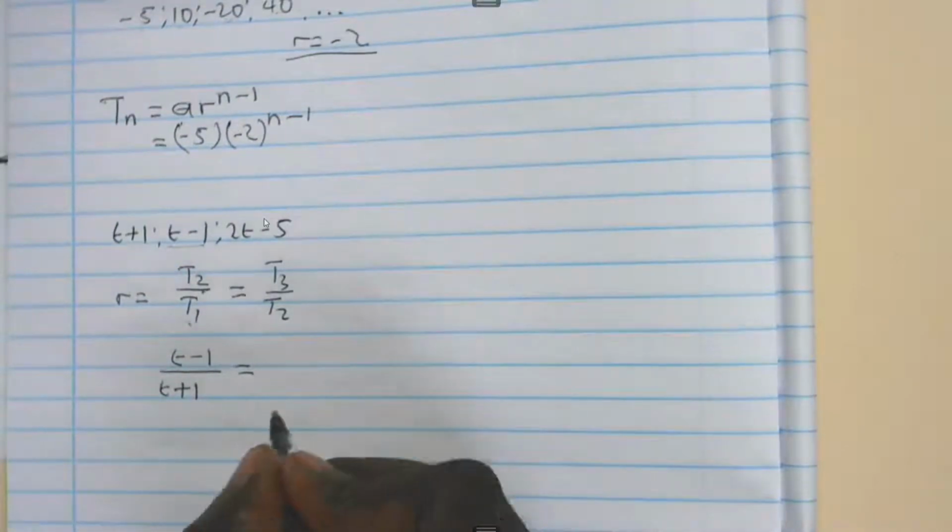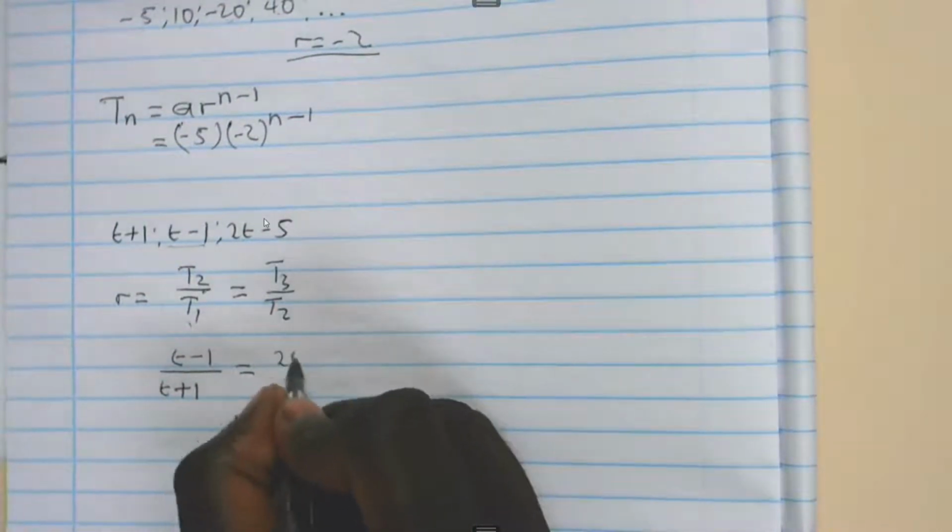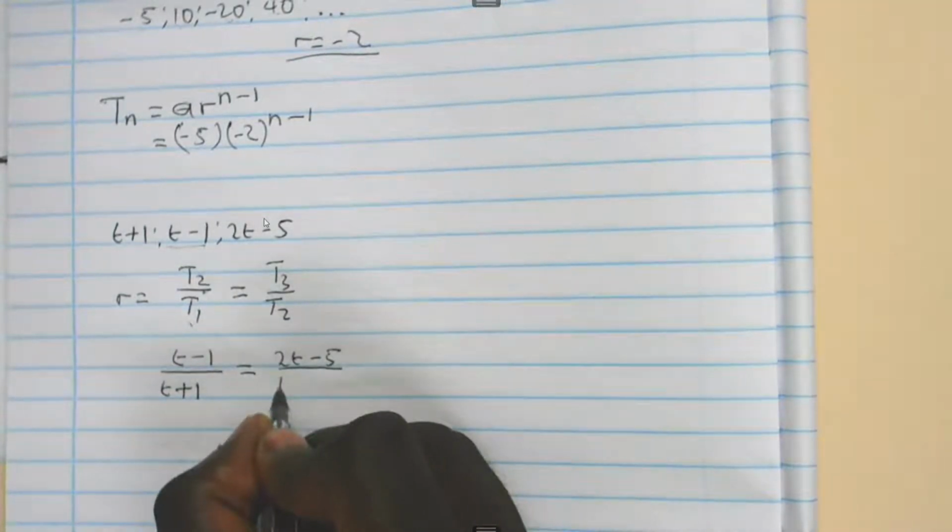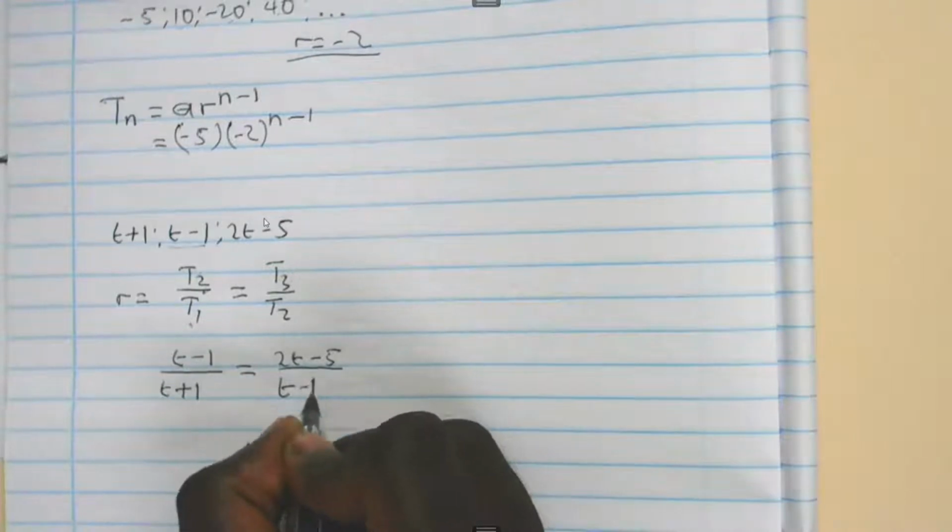Term number 2 is t minus 1, all over term number 1, which is t plus 1. This equals term number 3, 2t minus 5, all over term number 2, which is t minus 1.